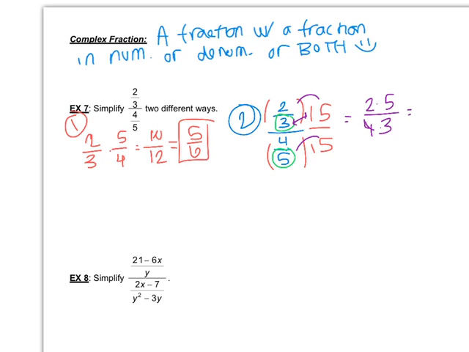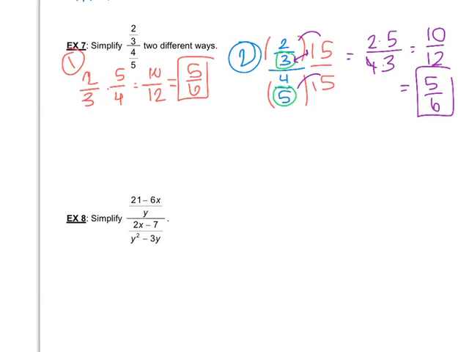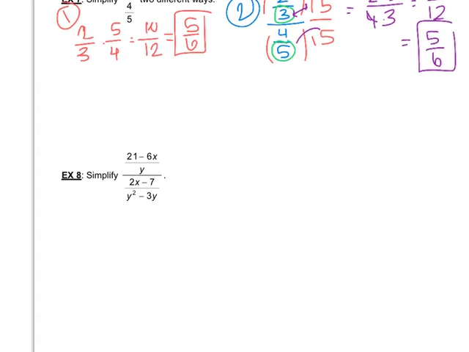So it gets us to the same result in the end, 10/12. And I do not care which one you choose. I really do think this second method is a lot cleaner and faster in many cases, kind of like in problem 8. So I'll do problem 8 in both ways.